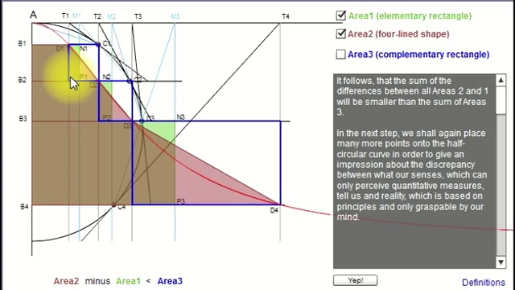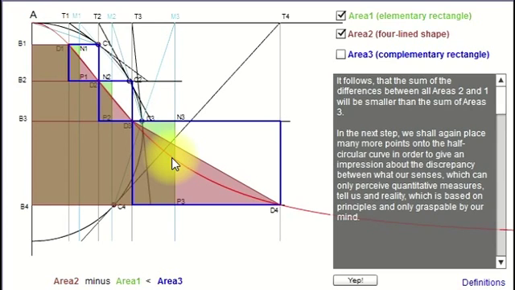And it must be the case, because the relationship applies to all of them, that the sum of the areas of the complementary rectangles will always be larger than the sum of the differences between the quadrilinear shapes and the elementary rectangles.